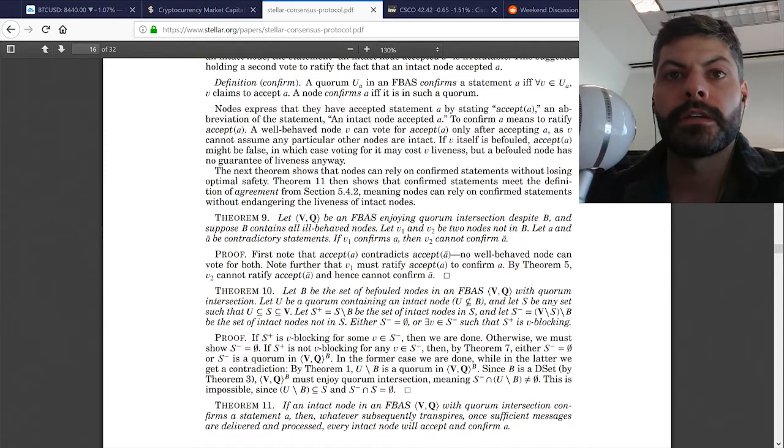Theorem 10. Let B be the set of befouled nodes in an FBAS of the tuple V with quorum intersection.